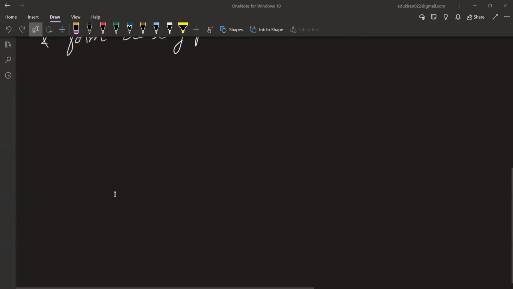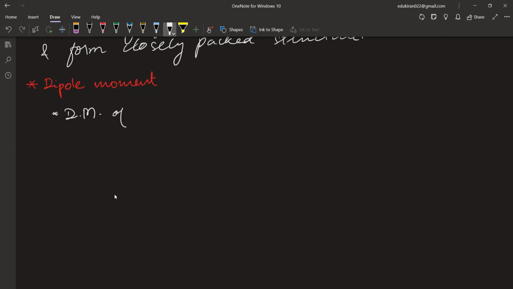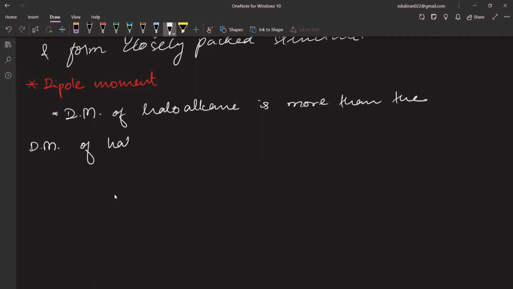Now, write one more point, that is dipole moment. In dipole moment, you will write the dipole moment of haloalkane is more than the dipole moment of haloarene. Why is that the case?